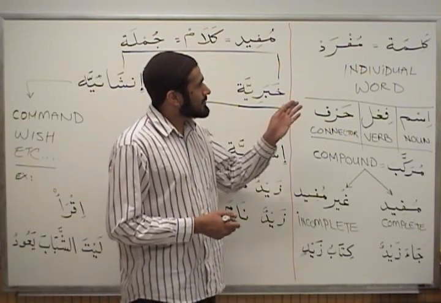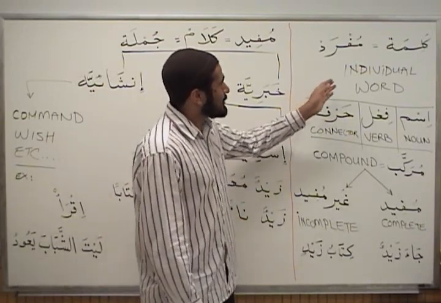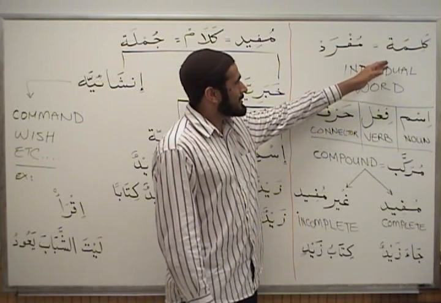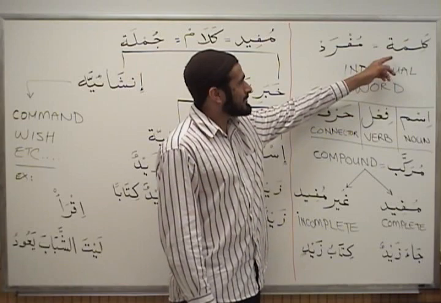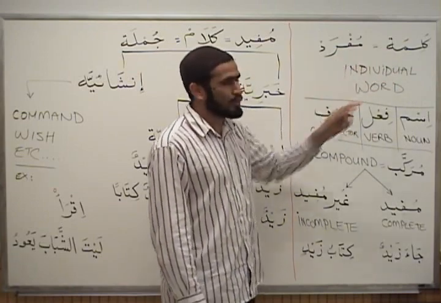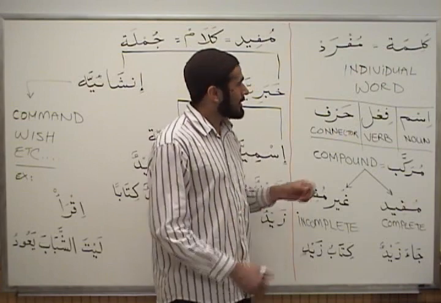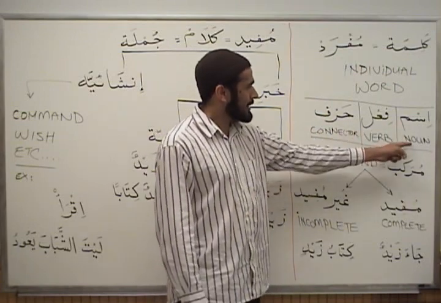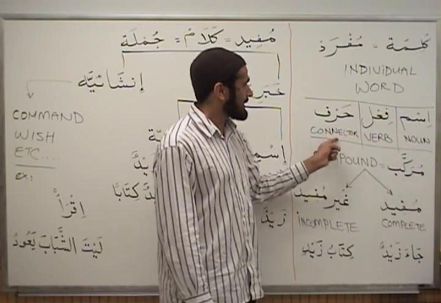So we know that the Arabic language is comprised, at the very basic, atomic level, of kalima, which is equivalent to mufrad, the individual word. And the individual word is either ism, fi'l or harf. It's either a noun or a verb or a connector.